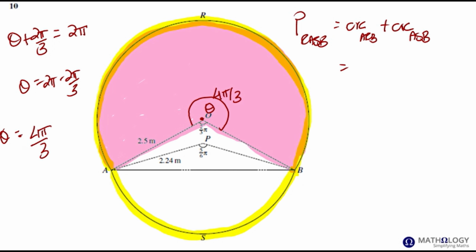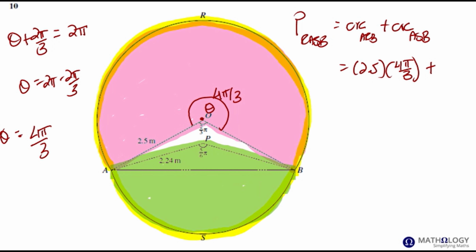So the arc length ARB is just going to be the radius of that sector, which is 2.5 meters, times the arc angle, 4 pi by 3. And then similarly, arc length ASB is formed from sector PASB. So the radius of that sector is 2.24.